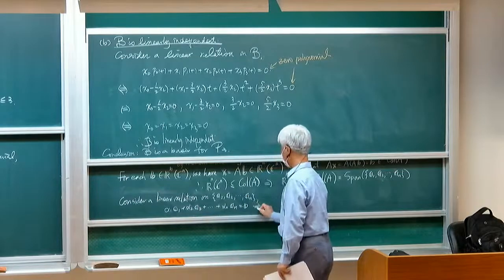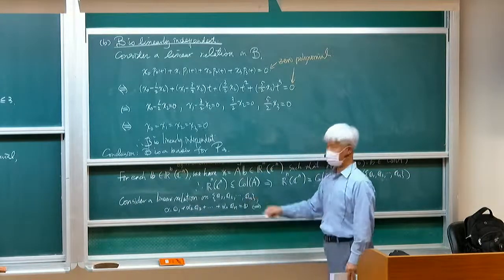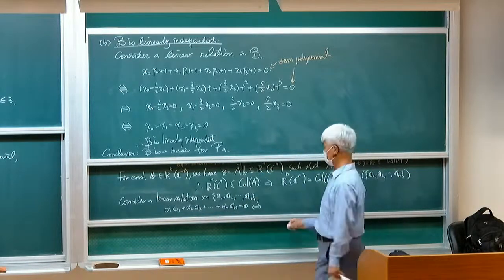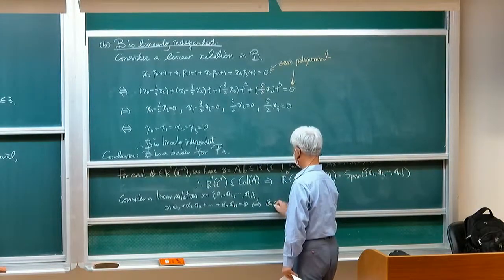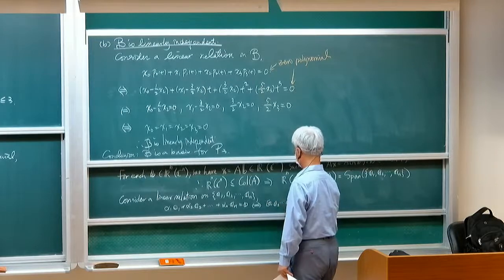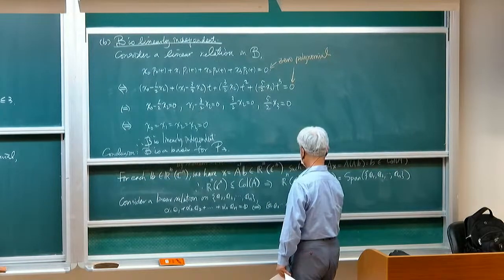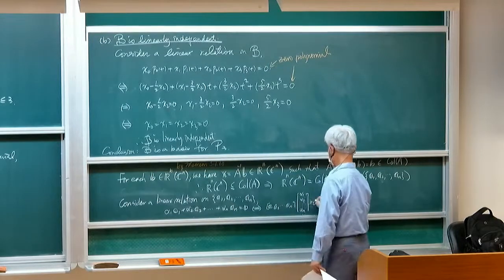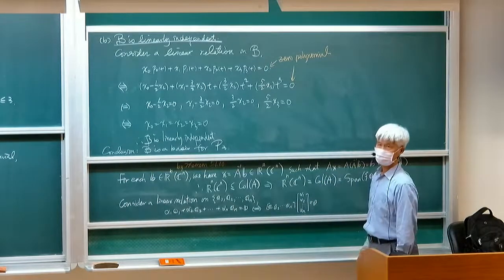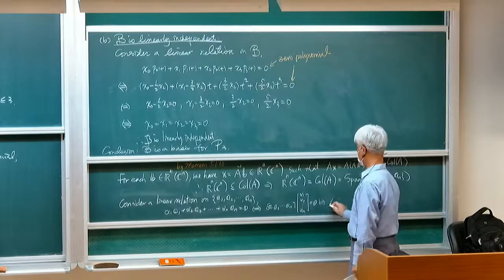But this linear relation can be rewritten in the following way. We did that many times. And this is equal to A times the coefficient vector.